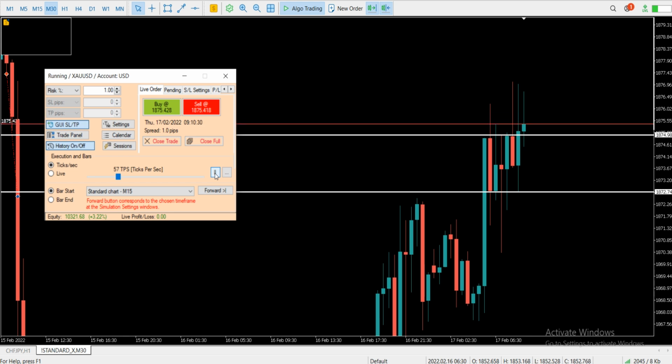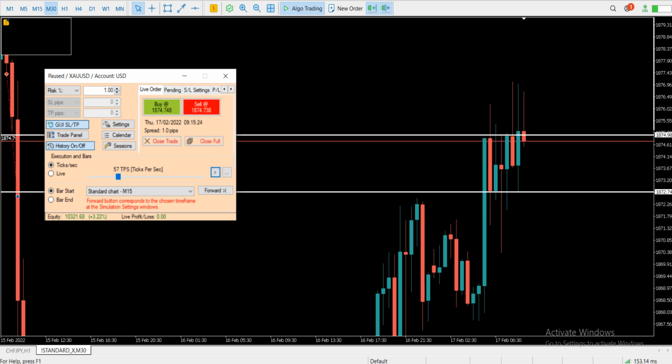10 minutes have passed, 11, and the 15 minute candle is going to close with rejection, weak bullish, maybe bearish. Okay, let's just see.